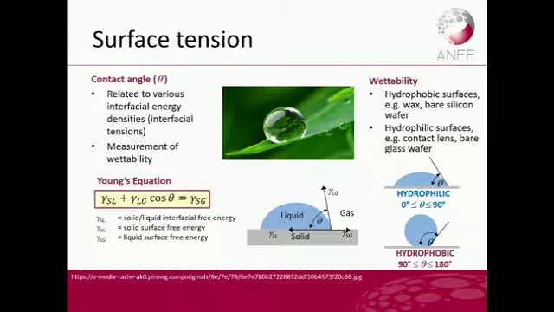In this case, hydrophilic is where the liquid has a contact angle of less than 90 degrees, and where the contact angle is larger than 90 degrees and up to 180 degrees, it's termed hydrophobic. So hydrophilic and hydrophobic.